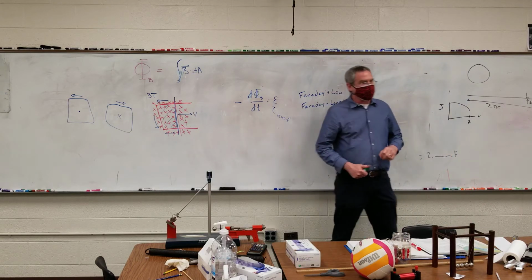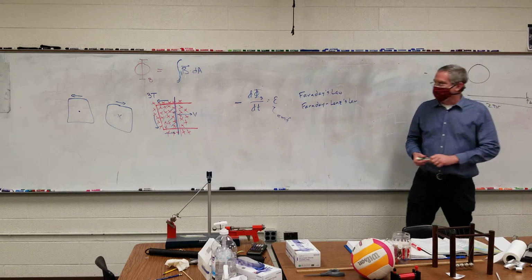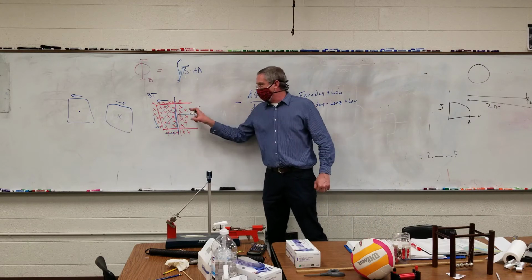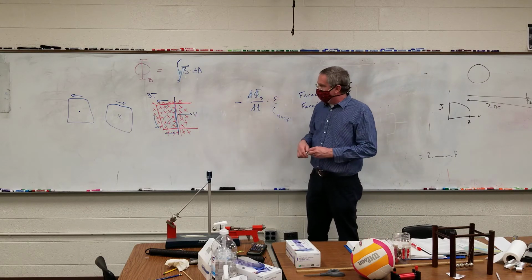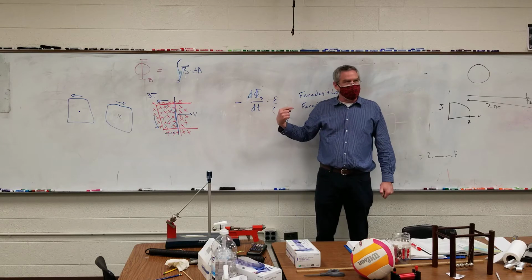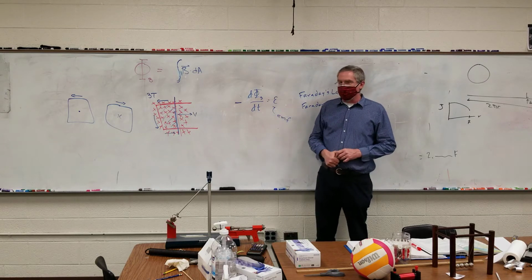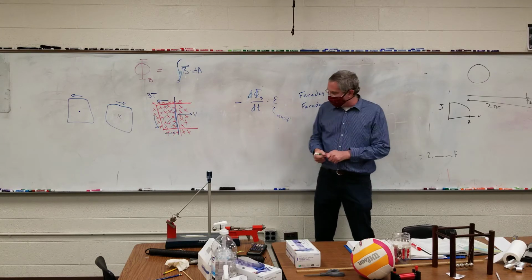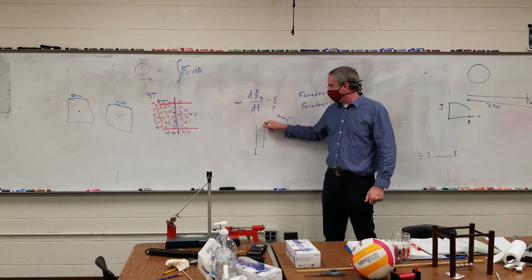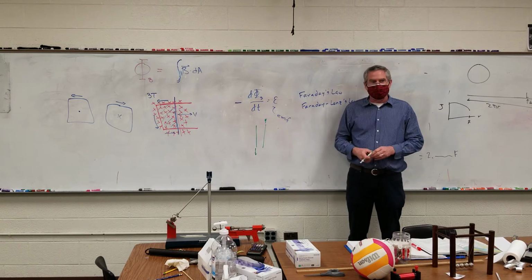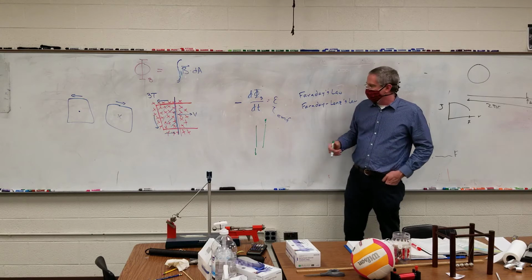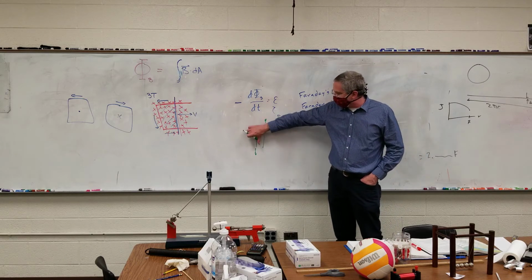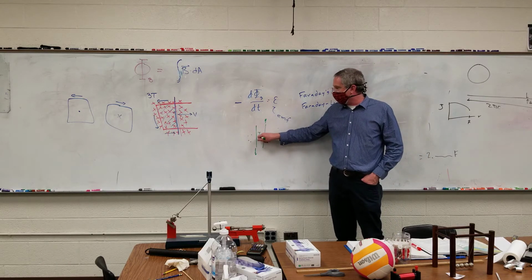There's another way of looking at this. If I think about this wire right here, remember that when we had the current flowing in opposite directions, it puffed out. This creates a magnetic field that's going into the board here, out of the board here.